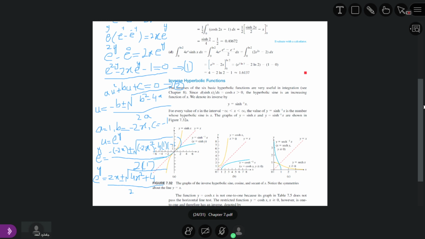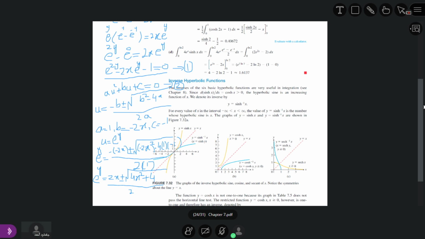So what is the square root of 4? Now it's the square root of 4 times the square root of x square plus 1. The square root of 4 is equal to 2.